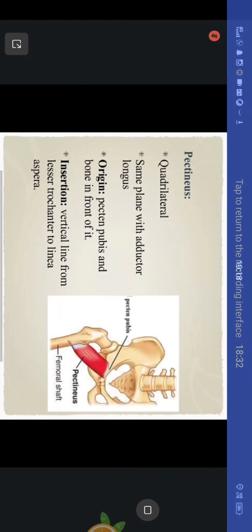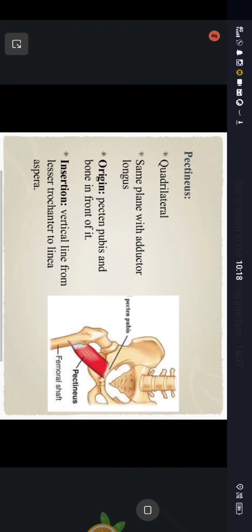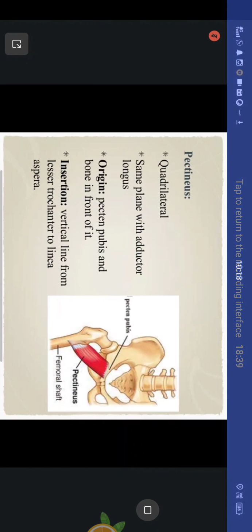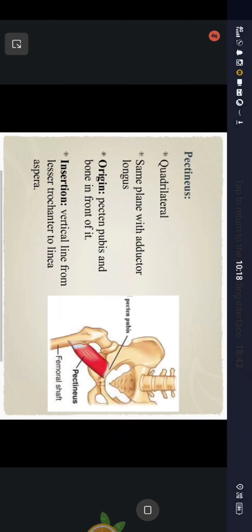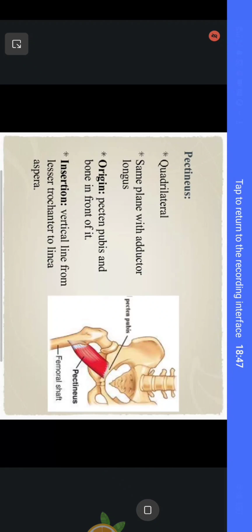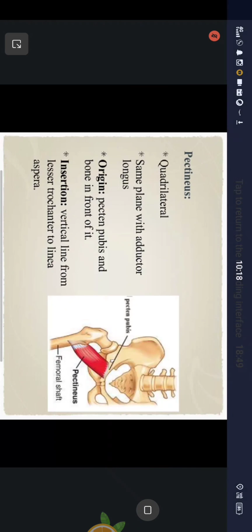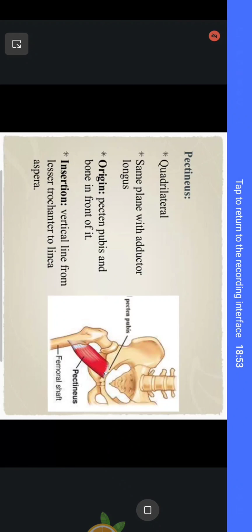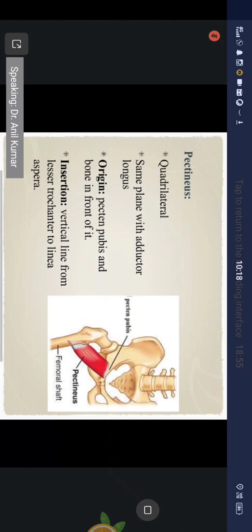So after adductor longus, coming to the pectineus muscle. This pectineus muscle is a quadrilateral muscle seen in the same plane with adductor longus. Coming to its origin and insertion, it arises from the pecten pubis, which is just lateral to this pubic tubercle.